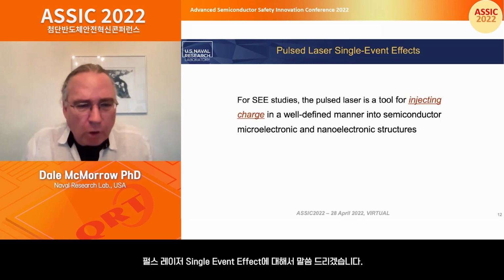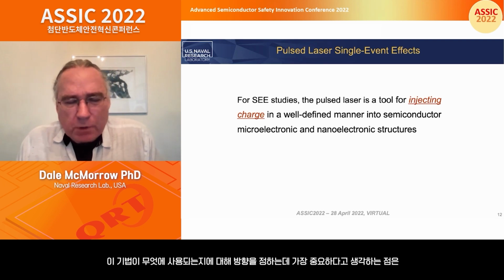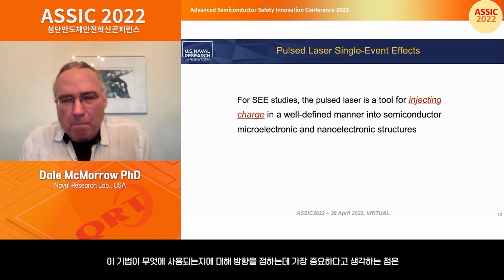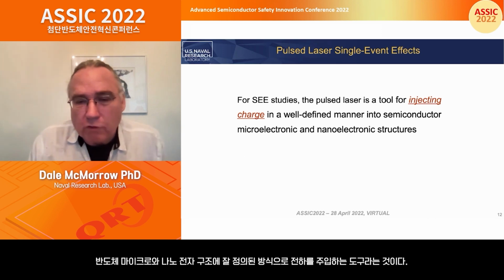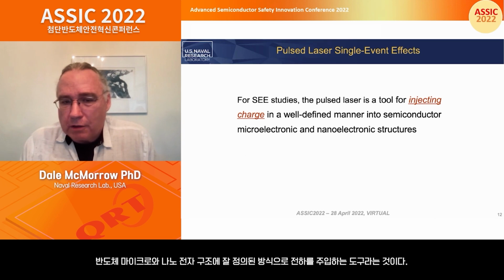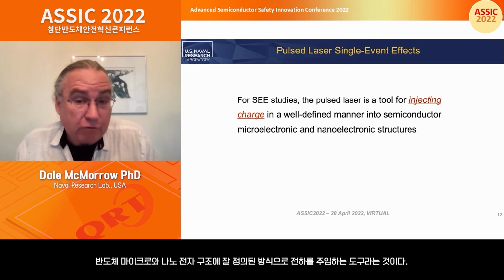Okay, so pulsed laser single event effects. In particular, the point that I like to make that I think is most important for orienting yourself as to what this technique is used for is that it is a tool for injecting charge in a well-defined manner into semiconductor, microelectronic, and nanoelectronic structures.